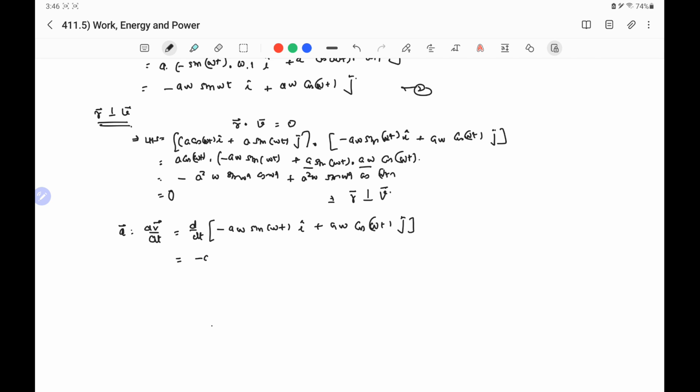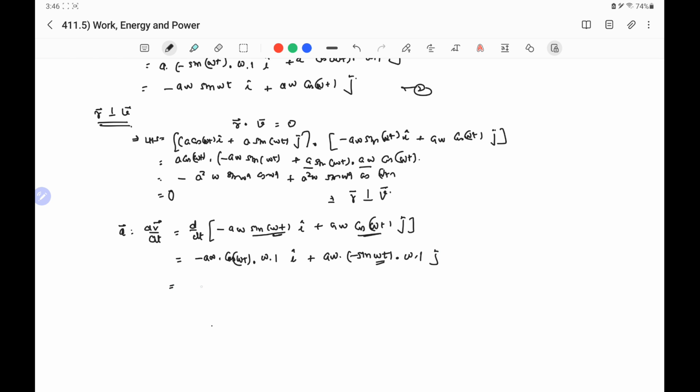It will be minus a omega, the differential of sin omega t is cos omega t, and then differentiating omega t with the chain rule, omega is a constant and the differential of time with respect to time is 1, i, plus a omega. Now the differential of cos omega t is minus sin omega t, and by the chain rule, differentiating omega t, we will have omega into 1, j.